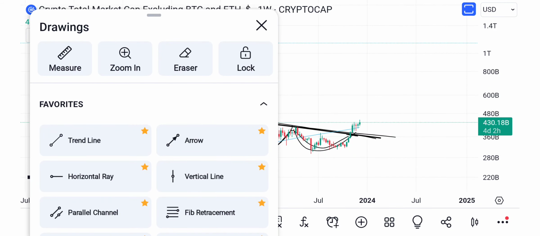Now, granted, a lot of times head and shoulders don't work out, and I wouldn't trade them all the time. But usually I like to trade them based off of confirmation, and it sort of adds to our artillery. It adds to our ammunition whether or not we're going to long or short, right?